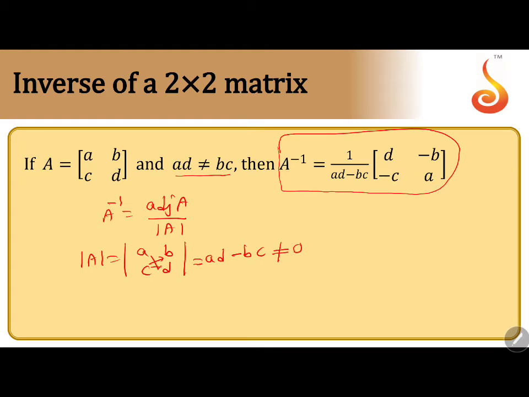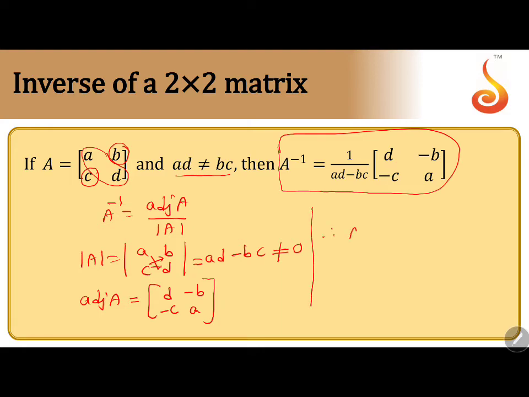A is non-singular. So what is the adjoint of a 2 by 2 matrix? Interchange the diagonal elements. Here diagonal elements are a, d, interchanging gives d, a. Change the sign of non-diagonal elements. b and c are the non-diagonal elements. Change their signs, minus b, minus c. So adjoint of a 2 by 2 matrix is [d -b; -c a].